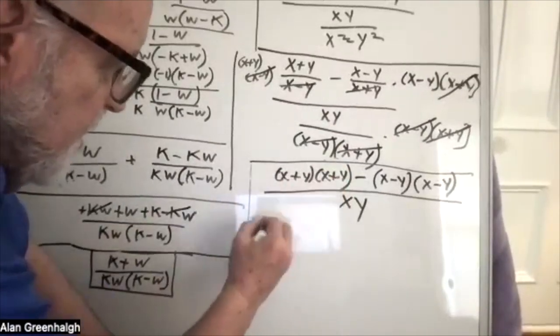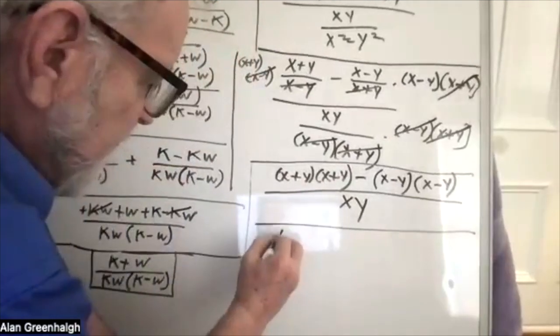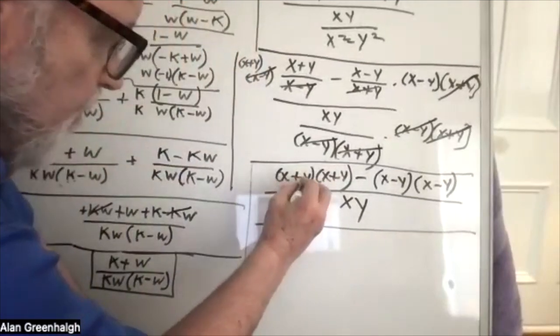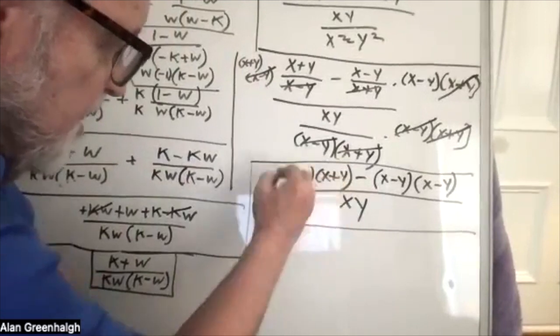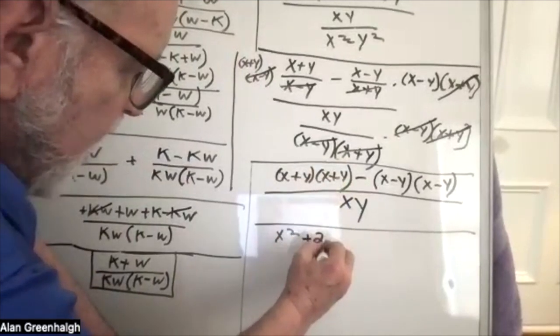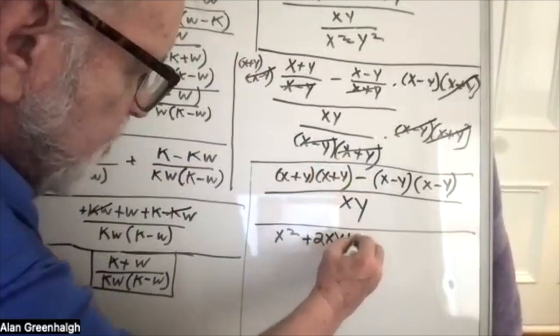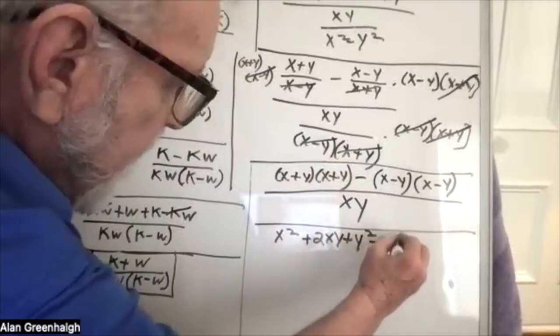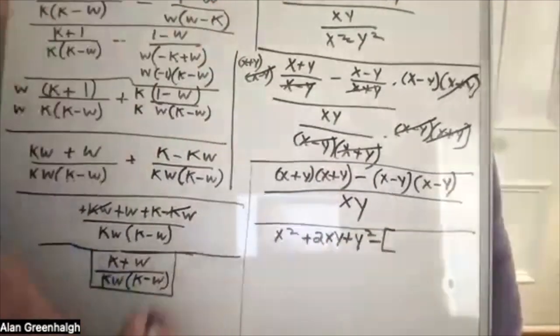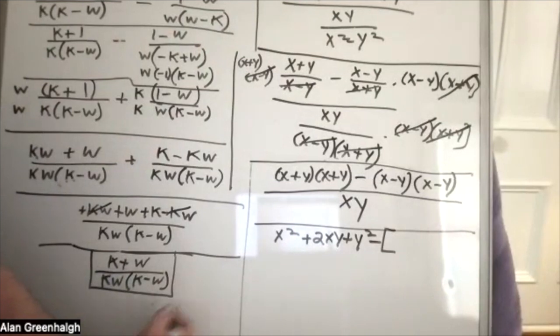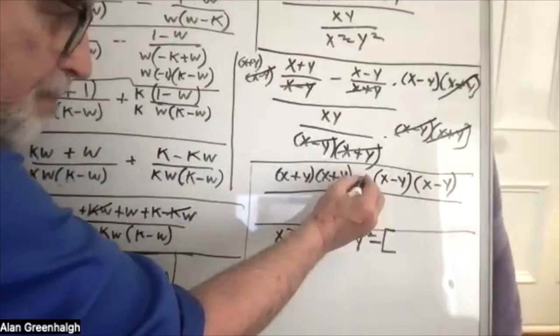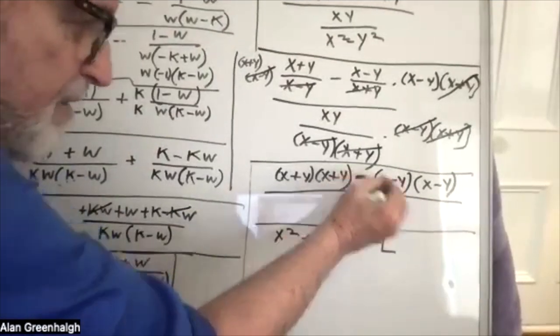X times x is x squared. This is xy, this is xy, so plus 2xy plus y squared minus, let's put that in brackets, because everything that we're about to do gets multiplied by that negative.